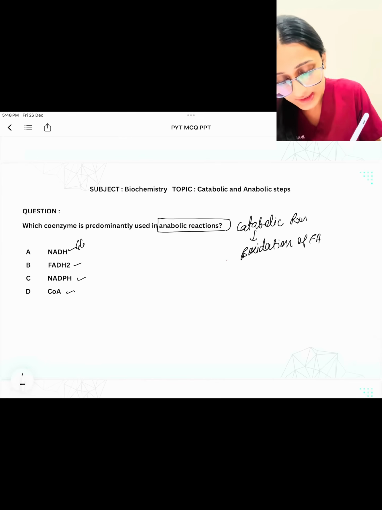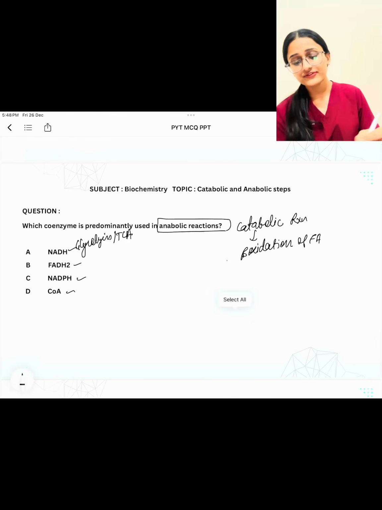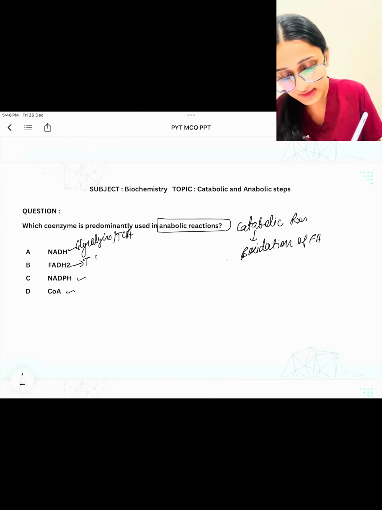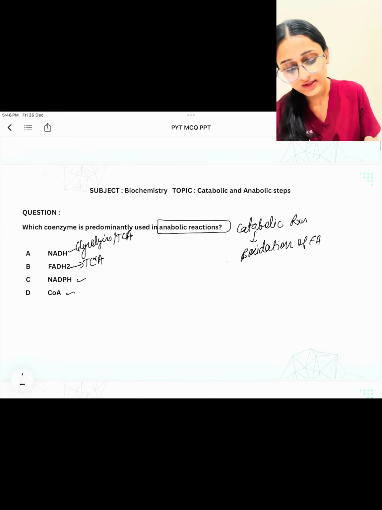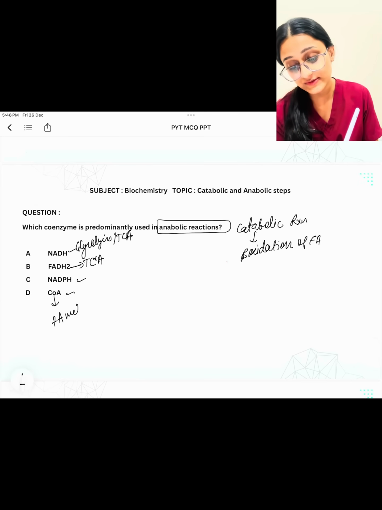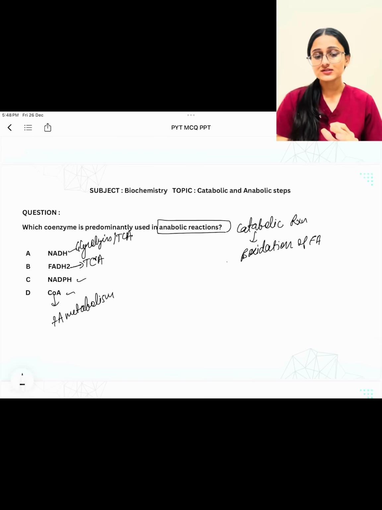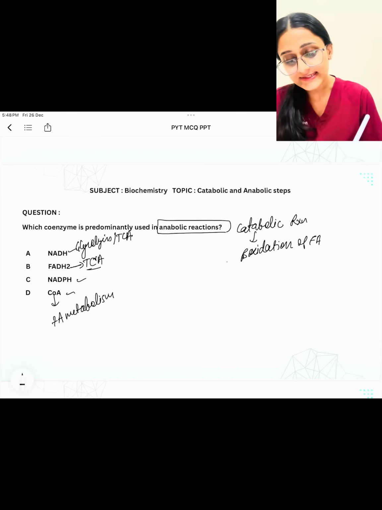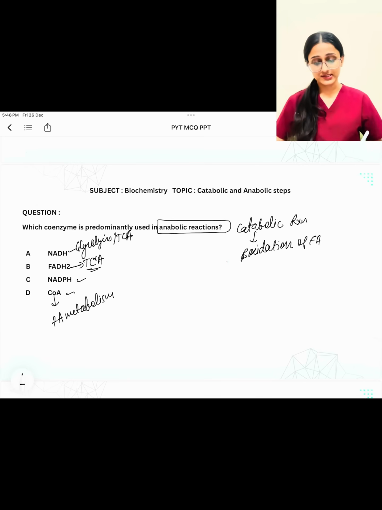We are using it in glycolysis, we are using it in TCA, right? FADH2 also we are using in TCA, right? And coenzyme A basically we are using in fatty acid metabolism. So all these processes, are they anabolic? No. TCA is both anabolic and catabolic basically.